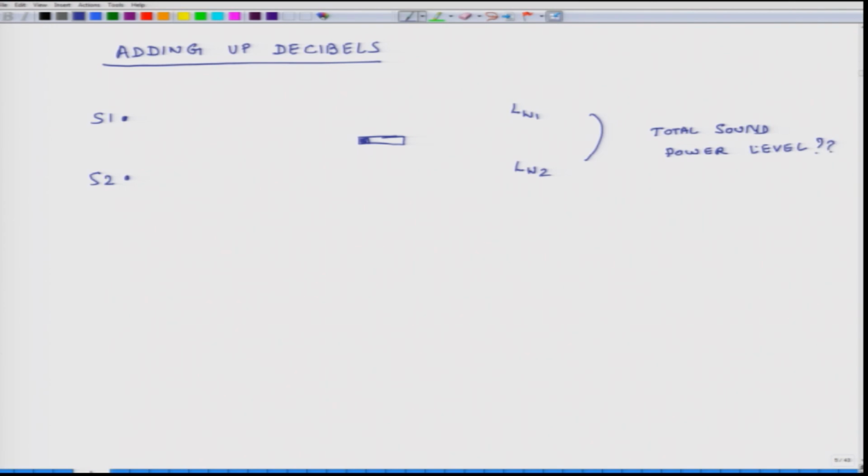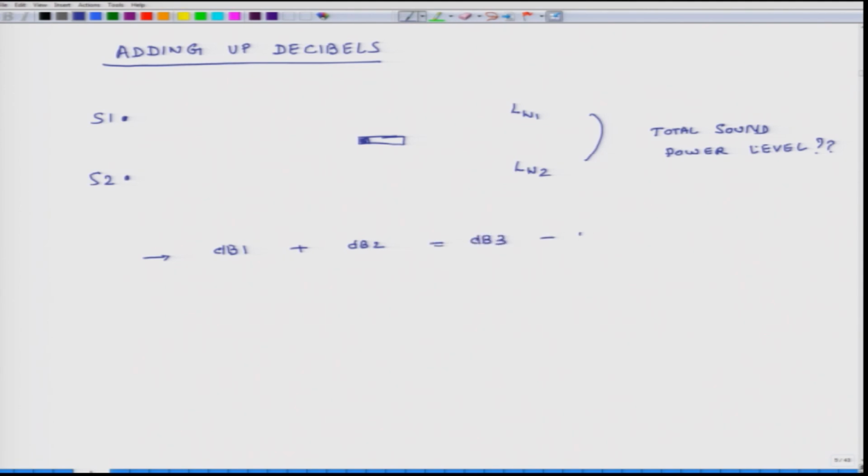What is it? Now, there may be several ways to do this, and some of the approaches may be correct, some may be wrong. One would think that maybe if because of S1 it is dB1 and because of S2 it is dB2, then I just add them up and that gives me dB3.